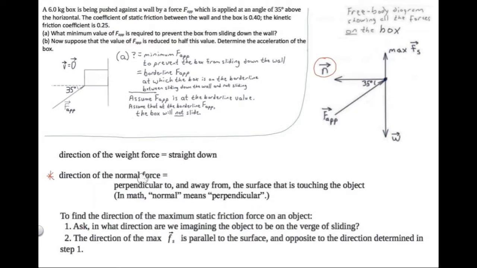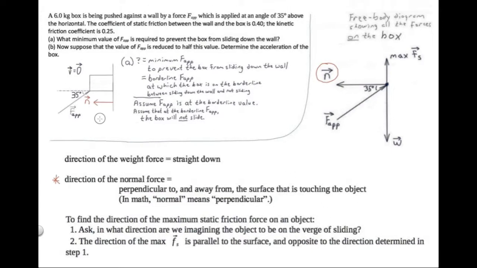The direction of the normal force exerted by a surface on an object should be perpendicular to and away from the surface that is touching the object. So, the direction of the normal force exerted by the surface of the wall on the box should point perpendicular to and away from the surface of the wall. So, the normal force for this problem points to the left, as I've shown here.